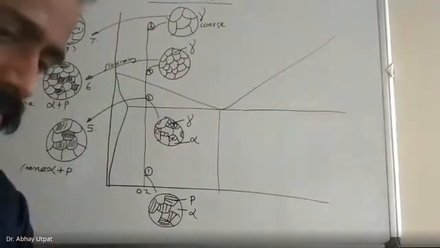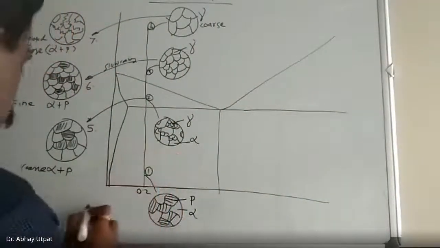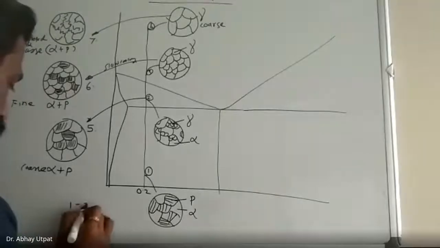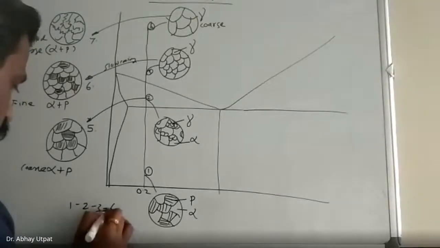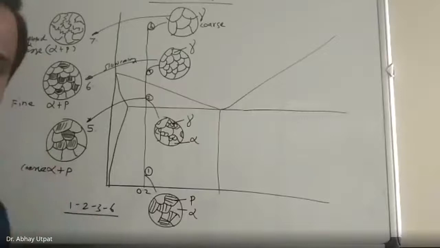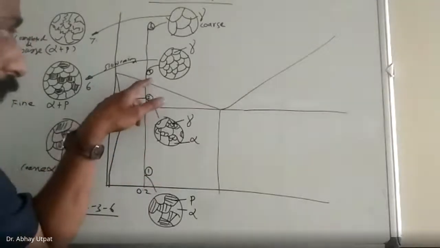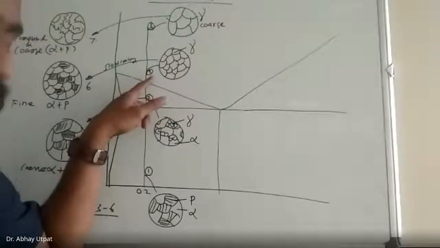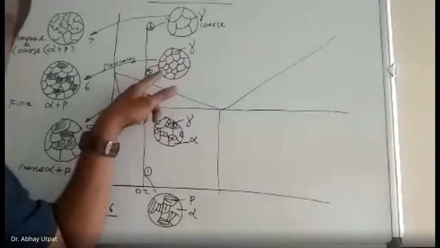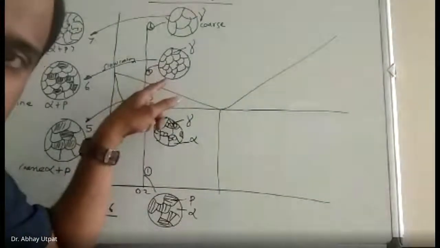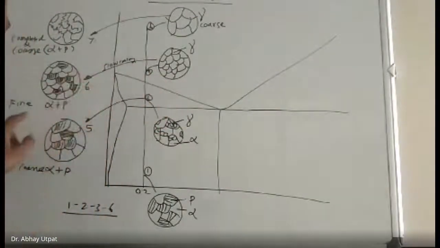Okay. 1, 2, 3, 6. This cycle is a desirable cycle. So heating above A3 temperature by 20 to 40 degree, soaking there for sufficient time so as to obtain homogeneous austenite, and then cooling slowly, you will get fine alpha plus perlite.